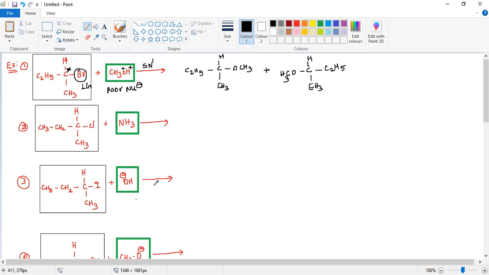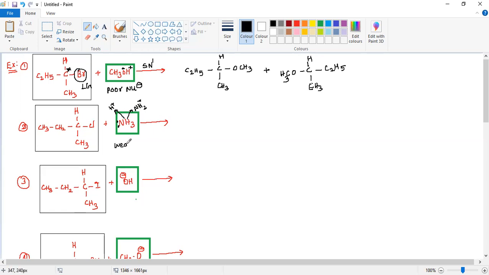Come to the second example. NH3 being the nucleophile has a lone pair. In NH2 also, what should we write? One is the electrophile H plus, and the nucleophile becomes NH2 minus. Whether it is weak or strong, NH2 minus is weak or poor.